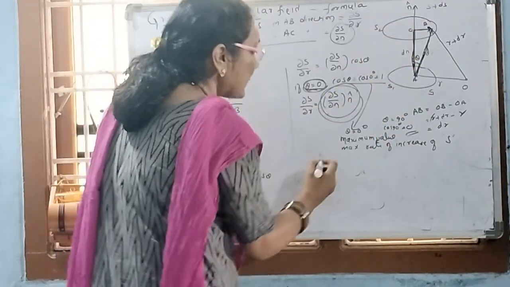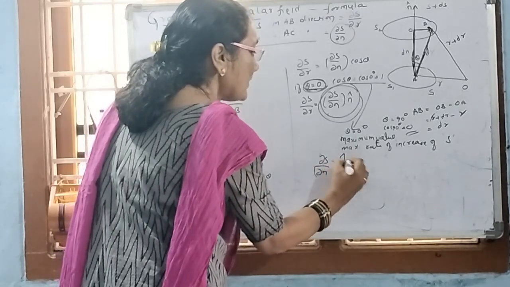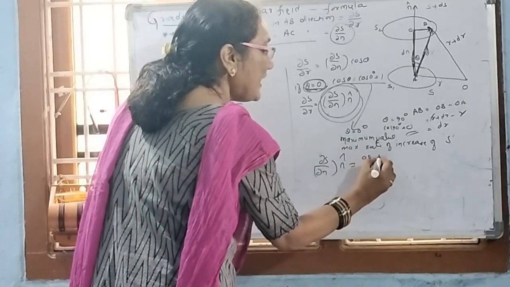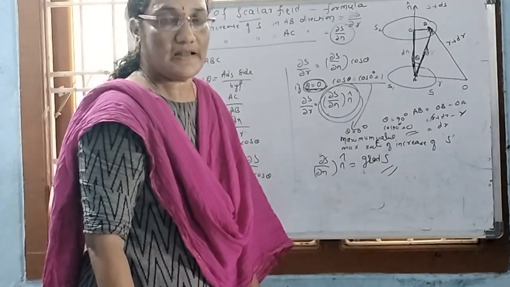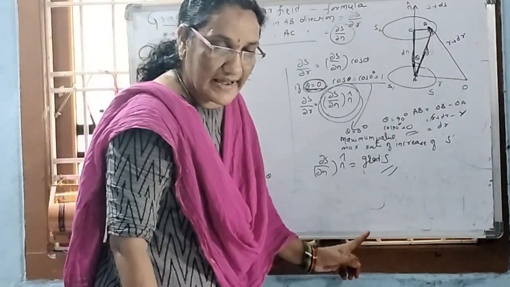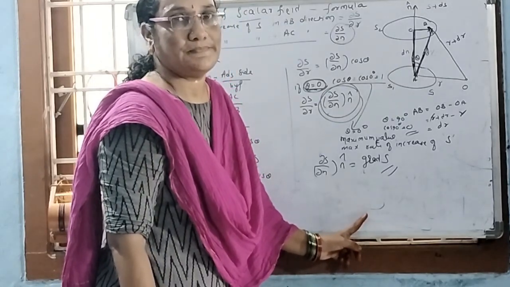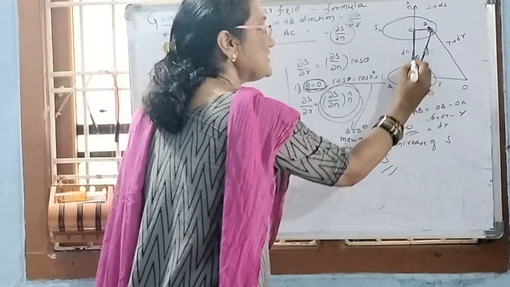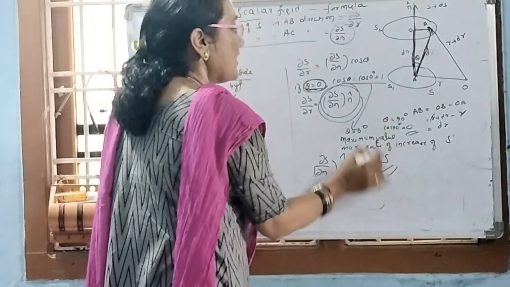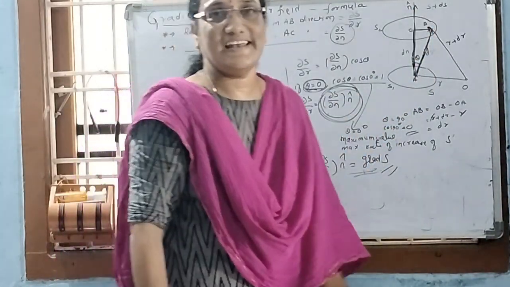So this dou S by dou n, we call it the gradient of the scalar field. As the maximum rate of increase is in the direction of AC, we term this the gradient of the scalar field.